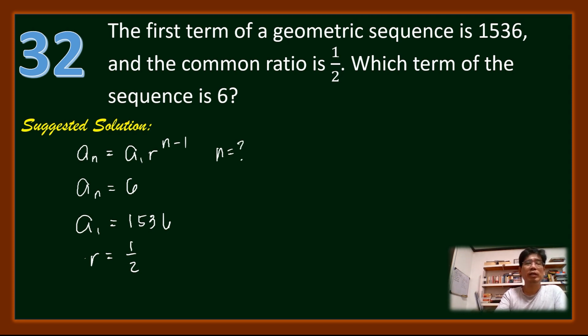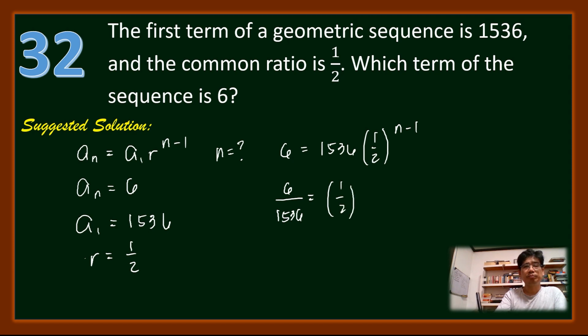Substituting the values, we have 6 is equal to 1536 times 1/2 raised to n minus 1. Dividing both sides of this equation by 1536, we get 6 over 1536 equal to 1/2 raised to n minus 1.